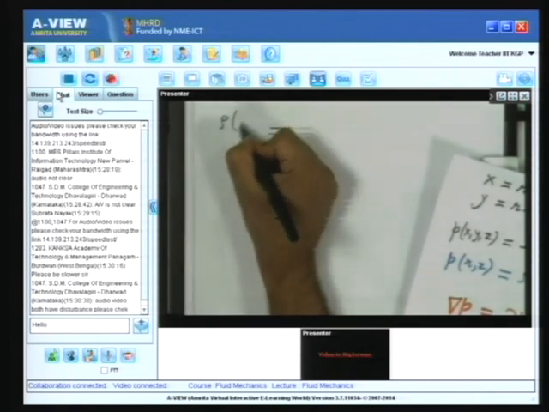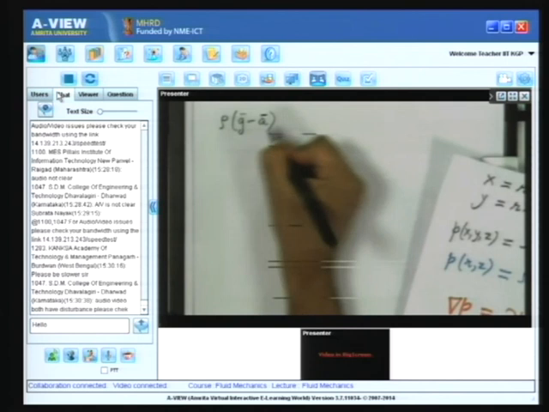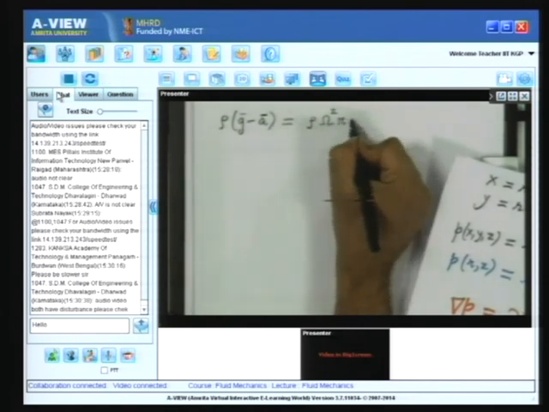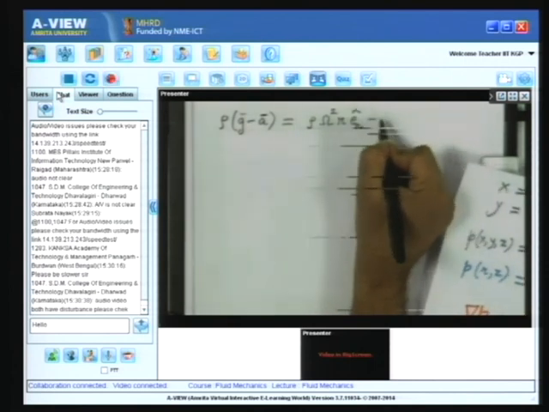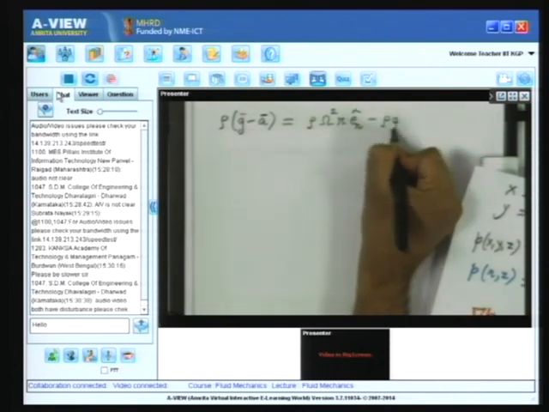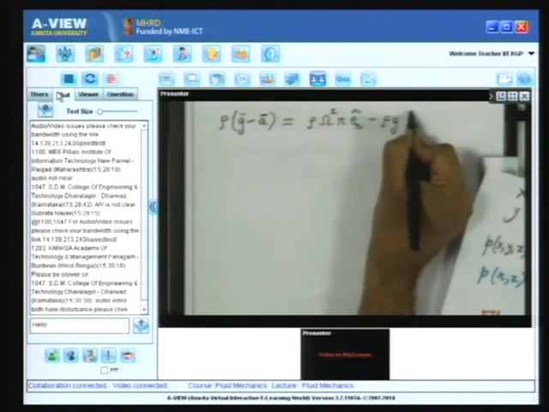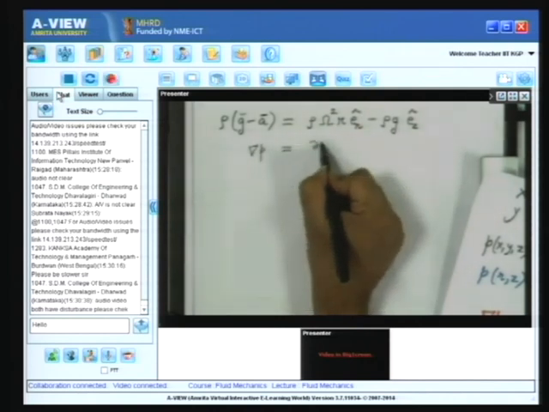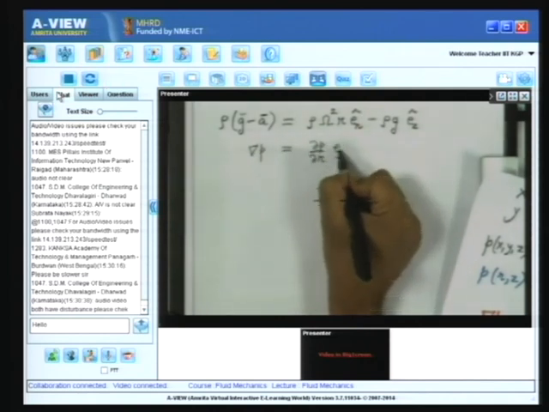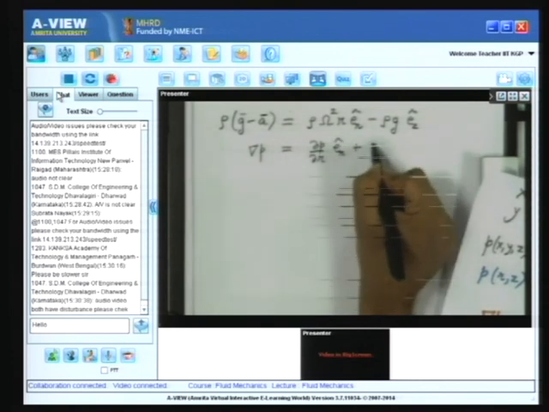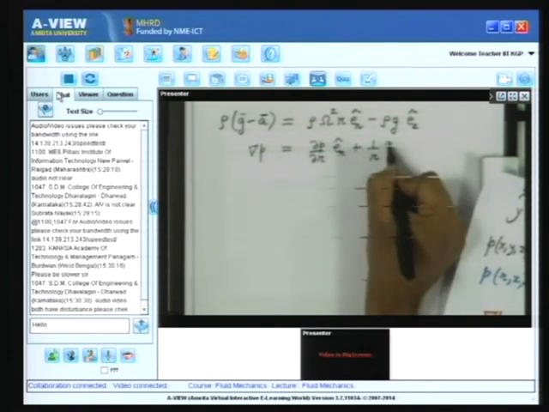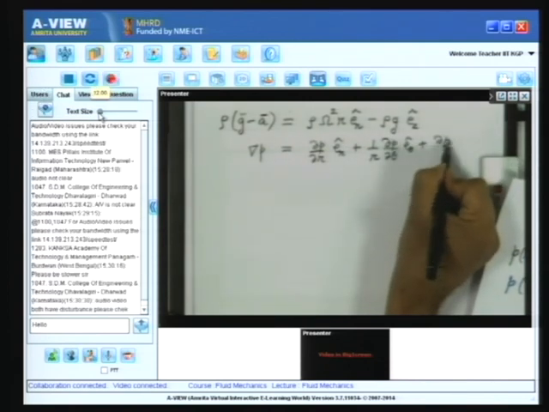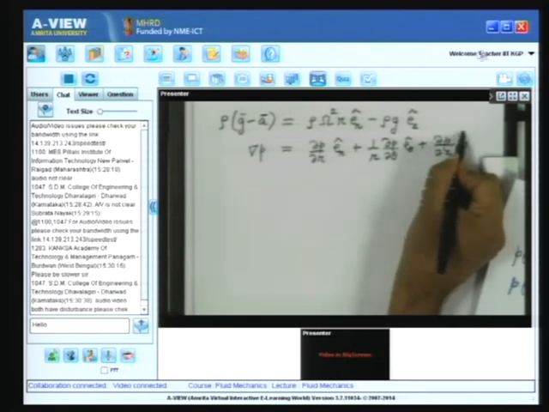So, rho times g minus a you will find is rho omega squared r E r minus rho g E z, and grad p is del p del r E r plus 1 by r del p del theta E theta plus del p del z E z.